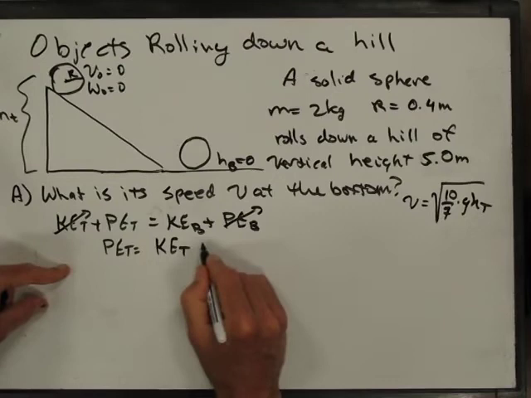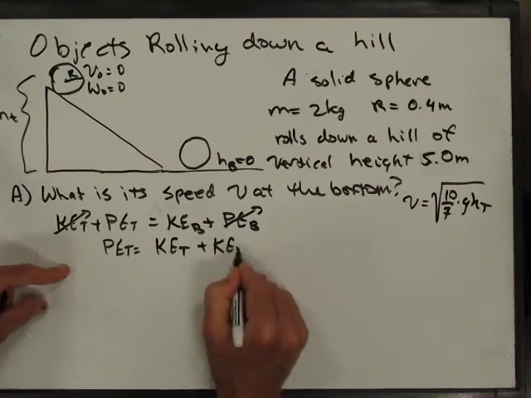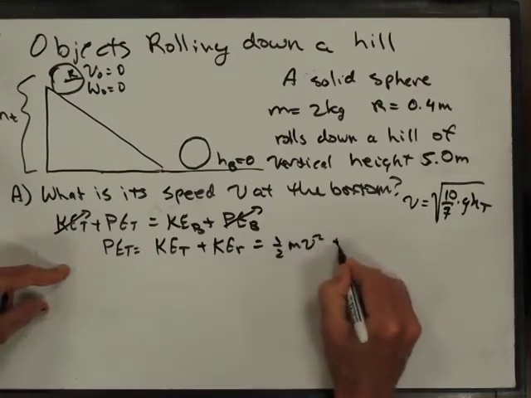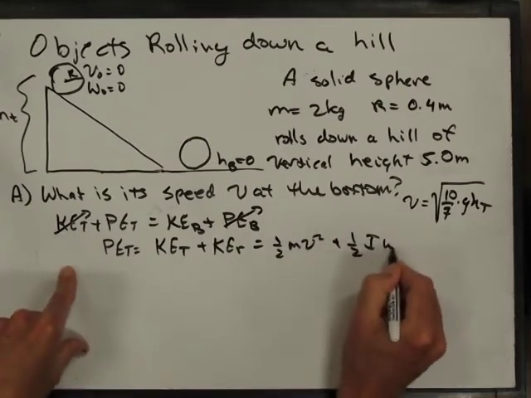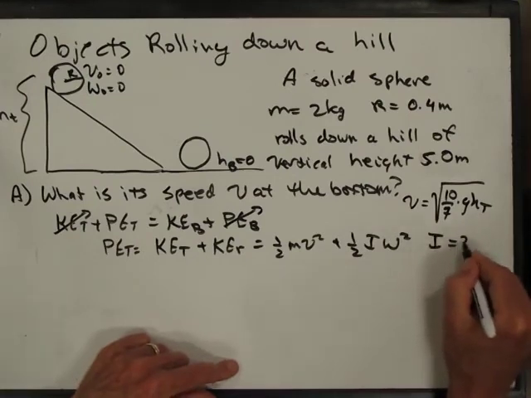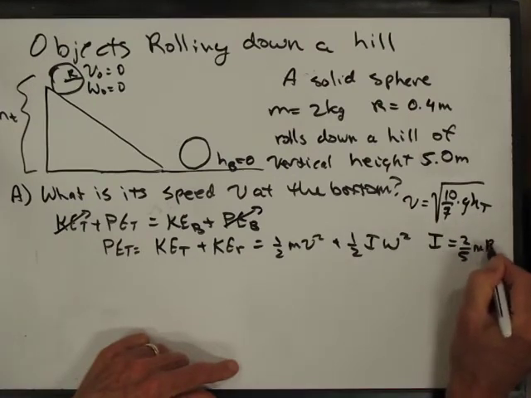this becomes PE at the top is equal to the kinetic energy at the bottom, which is the kinetic energy for translation plus the kinetic energy for rotation, 1/2 mv squared plus 1/2 I omega squared. But again, I for a sphere is 2/5 mr squared.